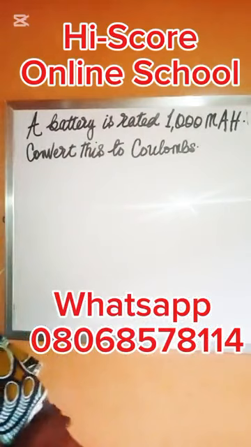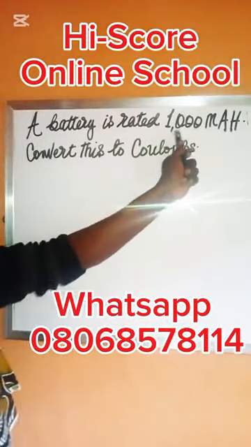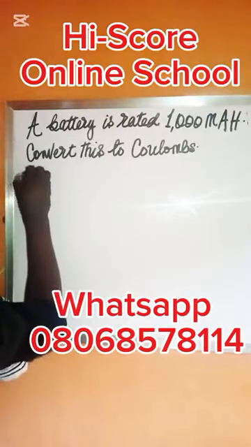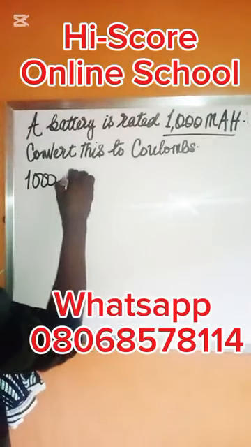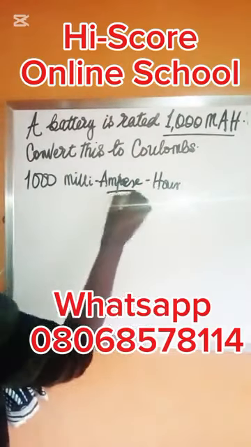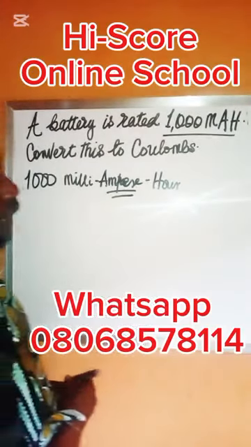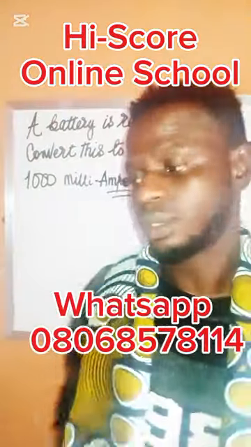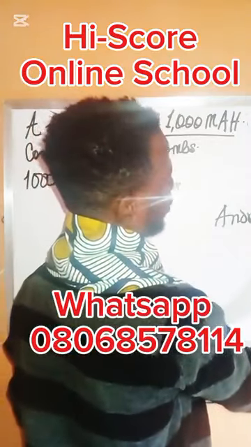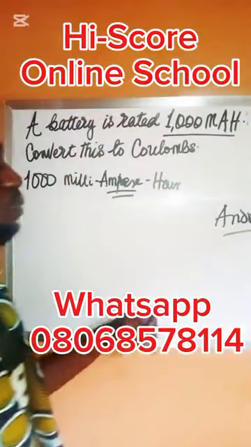To do this, we simply have to convert this to SI units. So 1000 mAh simply means 1000 milliampere hour. The ampere here also came from another scientist called André Ampère, I think a French scientist too.